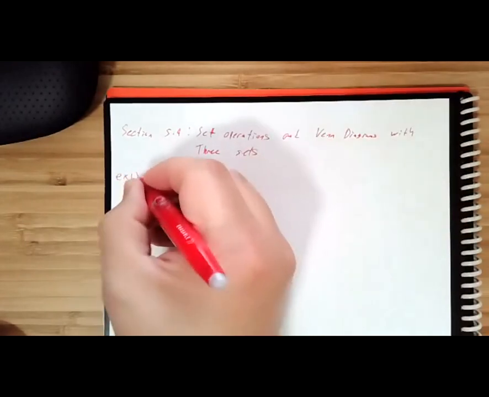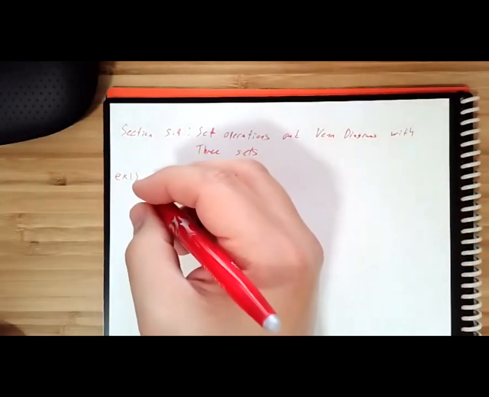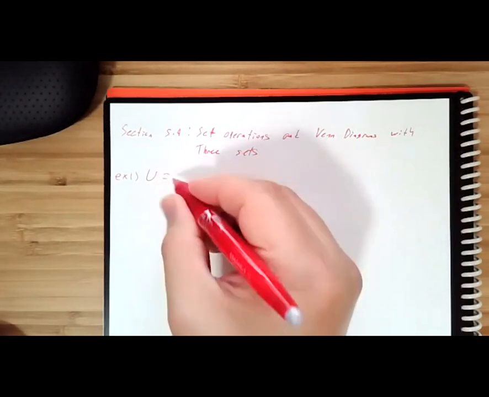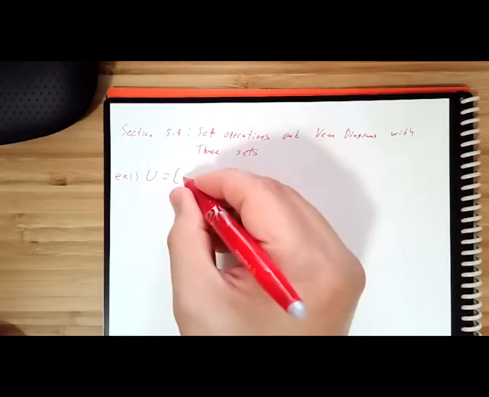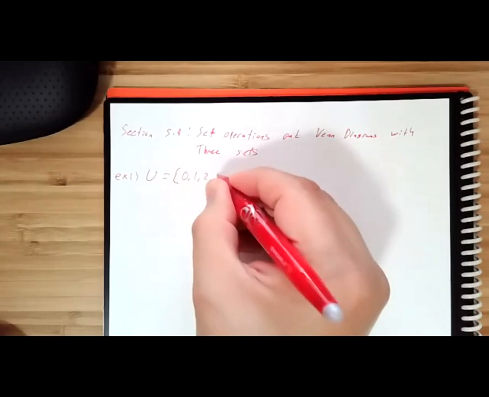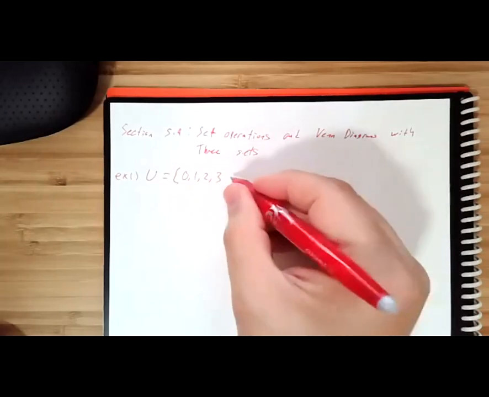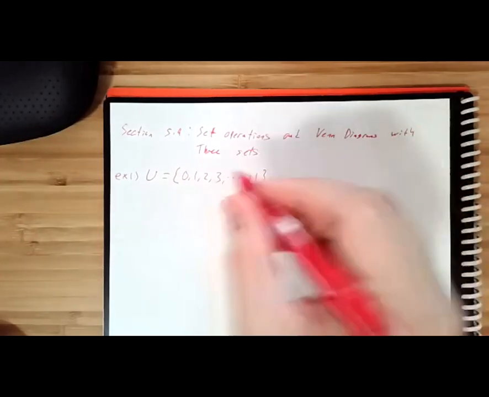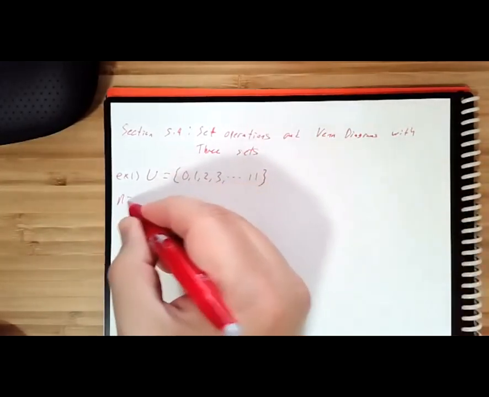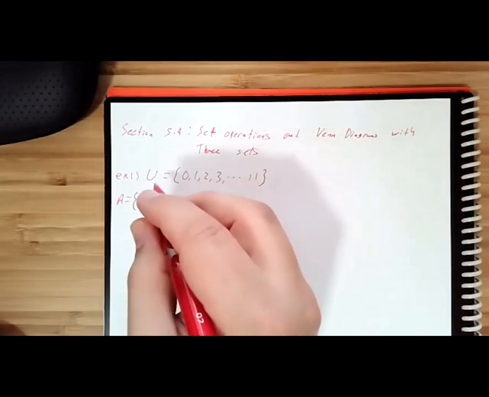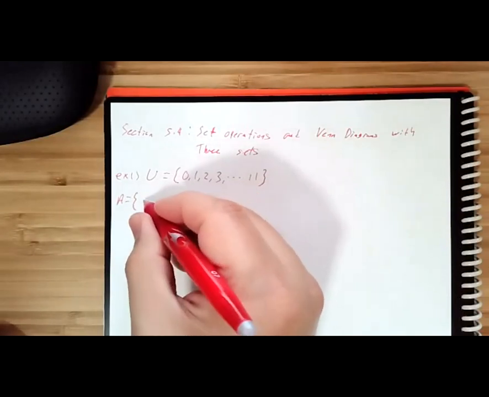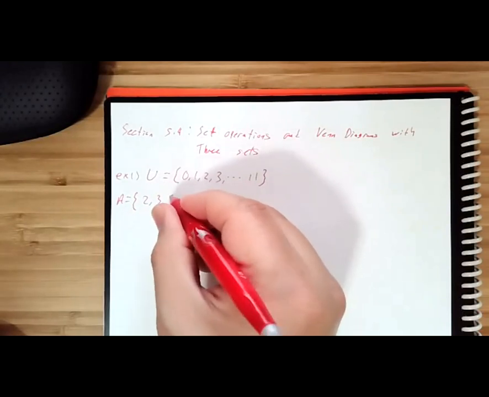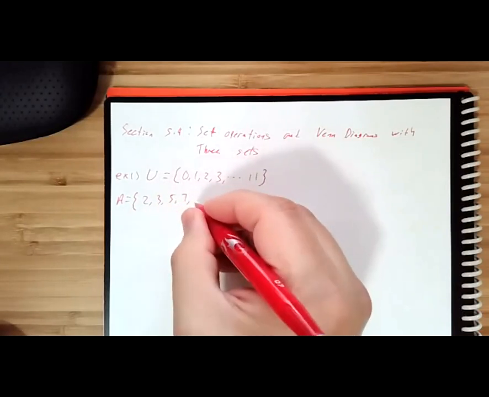So example 1 gives us a bunch of stuff. So U is 0, 1, 2, 3, all the way till 11. A is equal to 2, 3, 5, 7, 11.